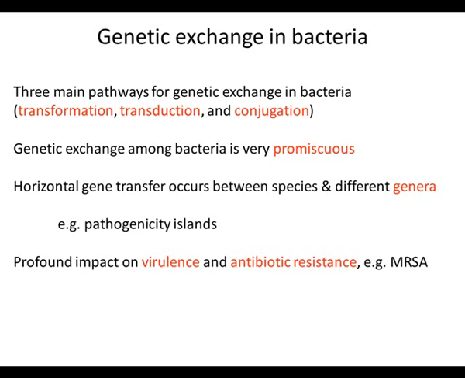But if it's going to be spread from one bacterium to another, then it has to undergo genetic exchange. As we mentioned yesterday, there are three main pathways that bacteria have for genetic exchange: transformation, transduction, and conjugation.